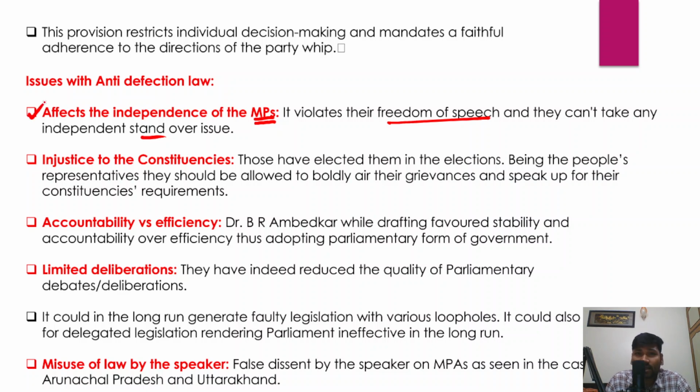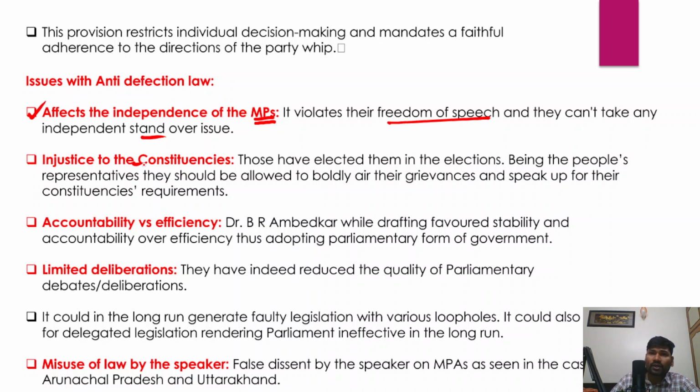On this ground particularly, there is a lot of criticism as well. It is also said that the anti-defection law would be an injustice to the constituencies from which these members are elected, right? Because apart from being members of a particular political party, they are also elected by the people, and they need to represent the wishes and aspirations of the people.